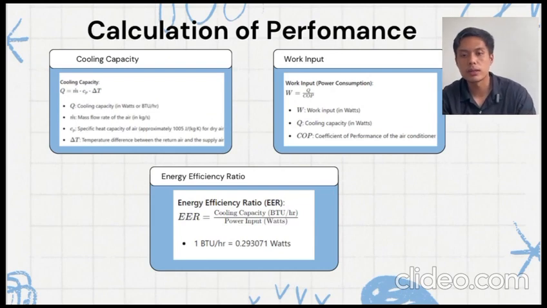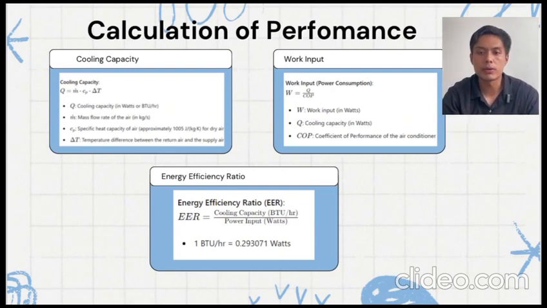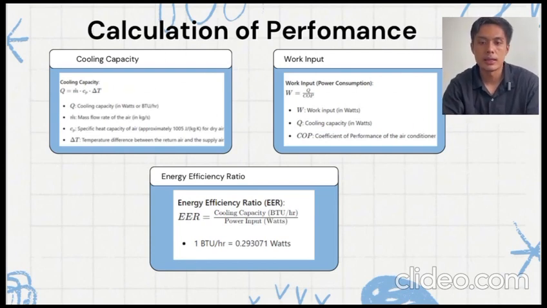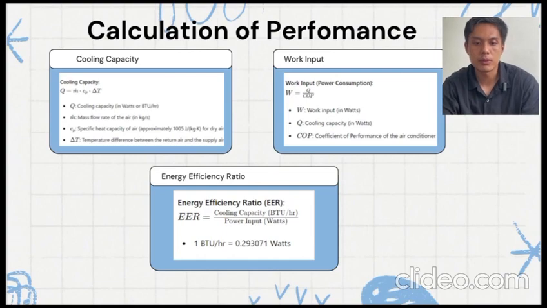For work input, W equals Q divided by COP. W is work input, Q is cooling capacity, and COP is the coefficient of performance of the air conditioner. For energy efficiency ratio, EER, the formula is cooling capacity divided by power input.